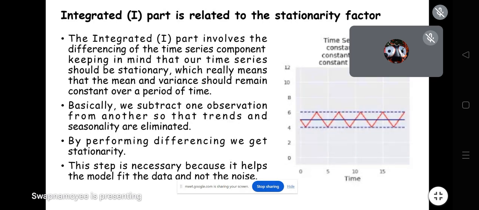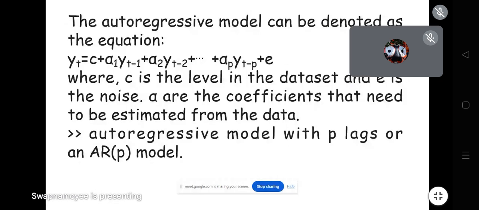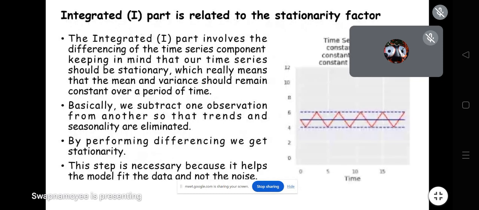In ARIMA, AR is the autoregressive part I just explained. That means how many years back data you are using to find the influence on the current dependent variable, which is the same yt values. Coming to integration, it refers to the case where your data is not stationary and you have to make it stationary.